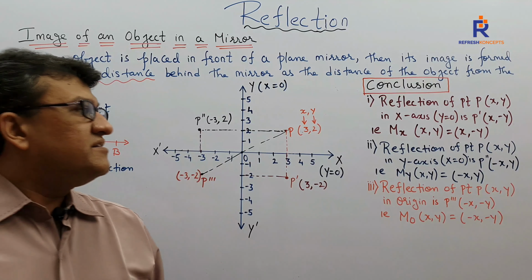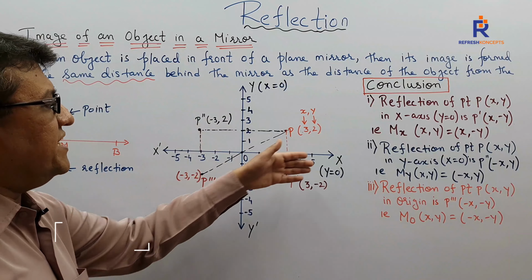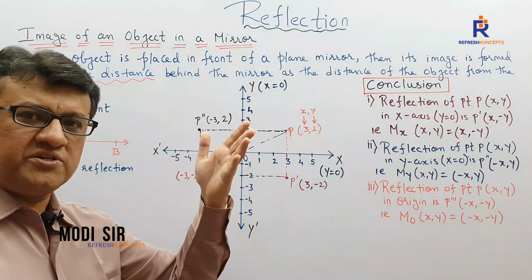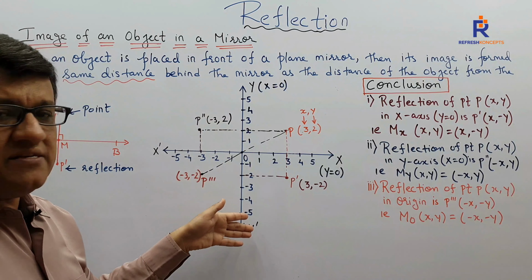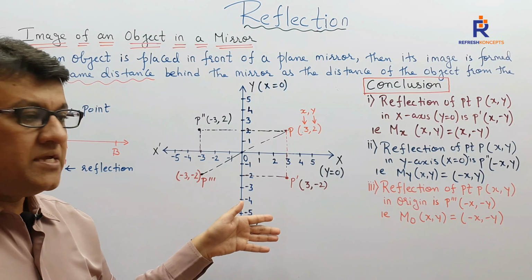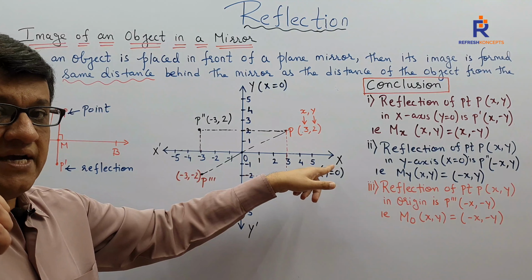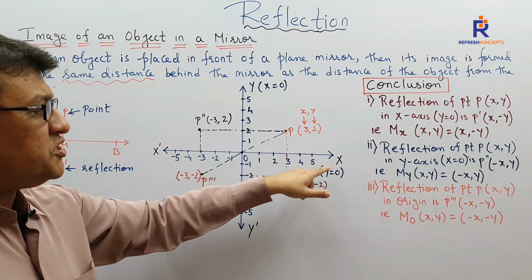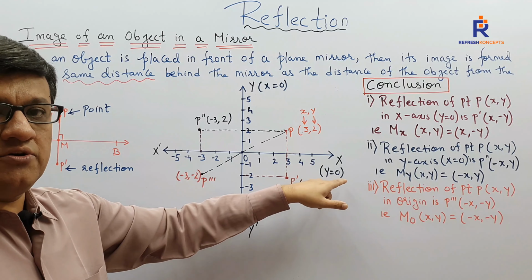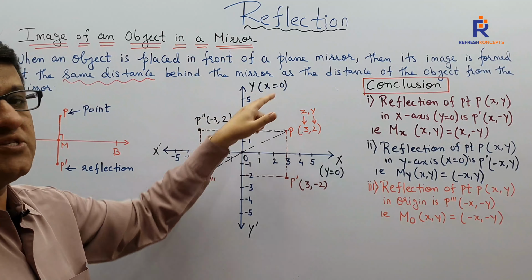We proceed further in order to understand this more in context to our chapter. What we have done is we have taken a coordinate axis. I hope my children are very much aware of coordinate axes. X-axis and Y-axis are termed as coordinate axes. I have told this in my earlier videos, in the earlier chapter, equation of line. Equation of x-axis is y equals 0 and that of y-axis is x equals 0.